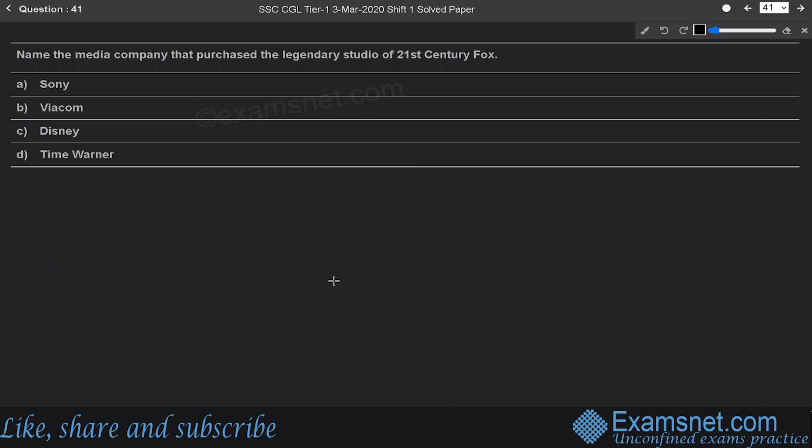Next question is, name the media company that purchased the legendary studio of 21st Century Fox. The options are Sony, Viacom, Disney, or Time Warner. So the media company that purchased legendary studio of 21st Century Fox is Disney. Disney is a media company that was founded by Walt and Roy O. Disney.